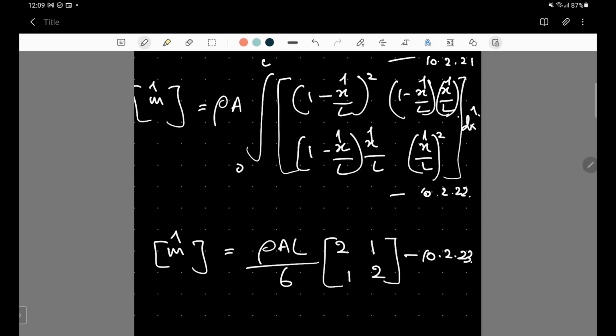Since we have now obtained the consistent mass matrix and also discussed the lumped mass matrix method, the next step is assembling the element equations to obtain the global equation, and then introducing the corresponding boundary conditions to perform the solution.